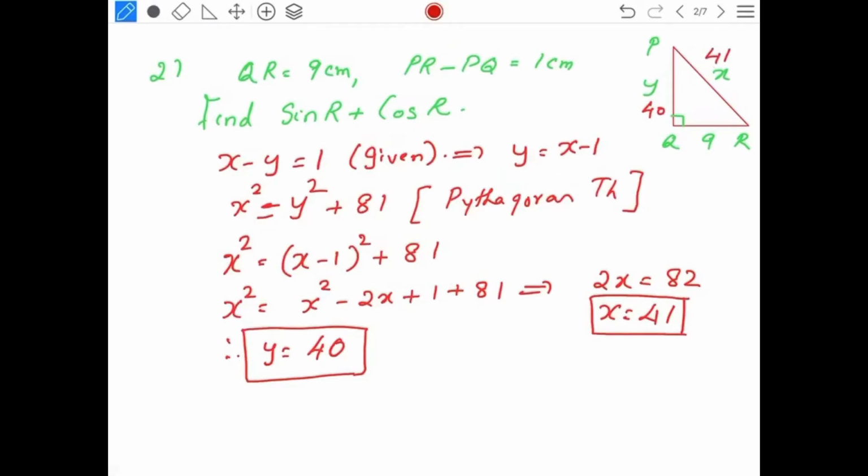Therefore sin R is equal to y by x, that is opposite side by hypotenuse. So y by x, that is 40 by 41.